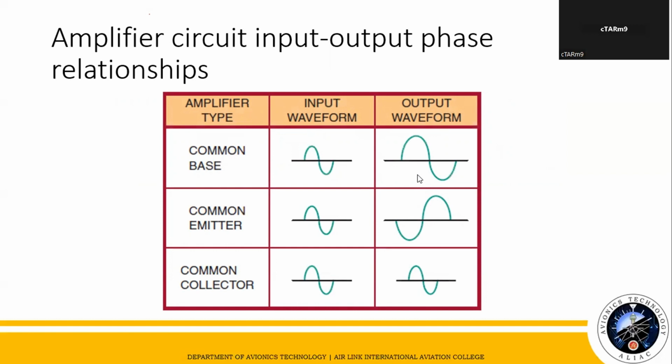So if you look at the table of amplifier types, the input and output waveforms are the same or low. In the common collector, the output is just the same as the input, because impedance matching is designed to match source and load impedance to minimize signal reflection or maximize power transfer.